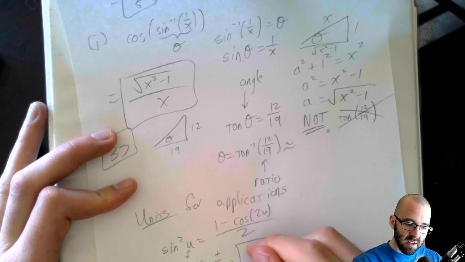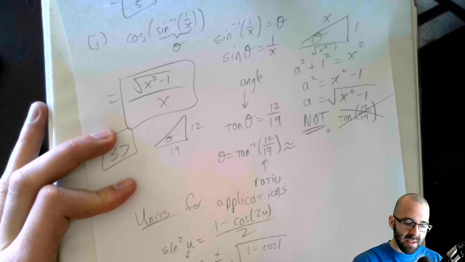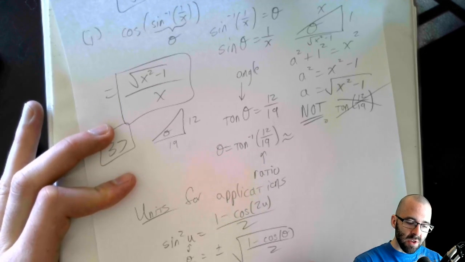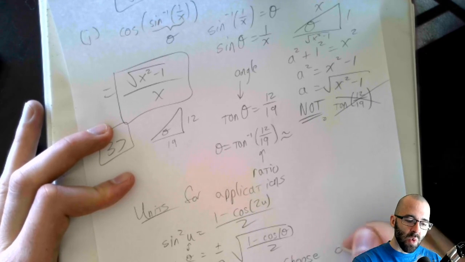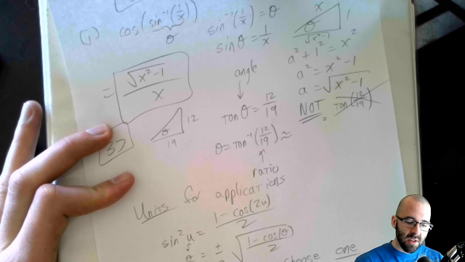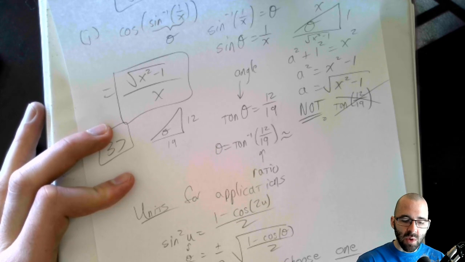So plus or minus the square root of 1 minus cosine of double this angle, over 2. What is double this angle? Just theta. Remember, with this plus or minus, choose one. If we're in the first quadrant, sine's positive, so use the plus. If we're in the third quadrant, sine's negative, so you're going to use a minus.